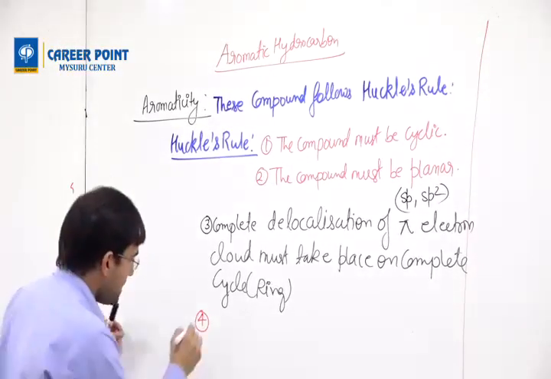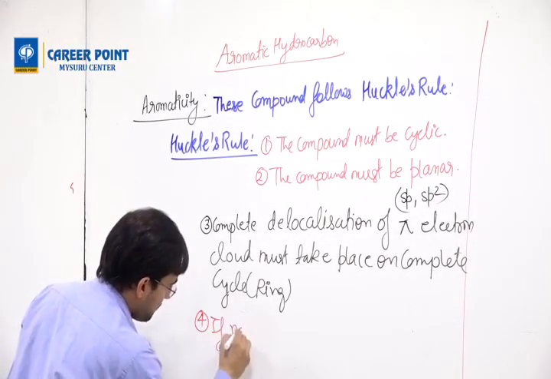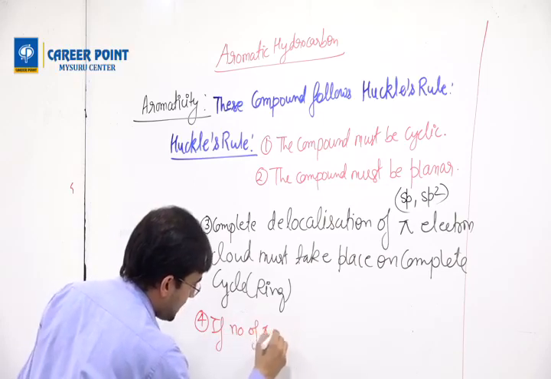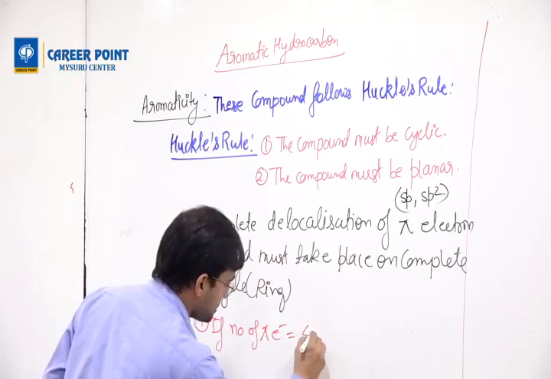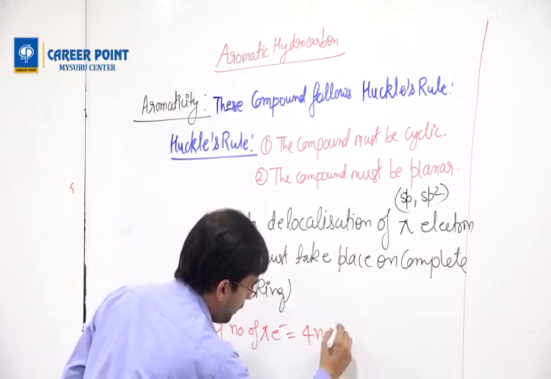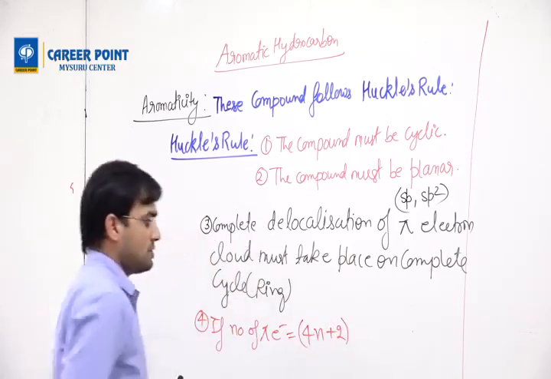Okay. If the number of pi electrons is equal to 4n plus 2, this is important.